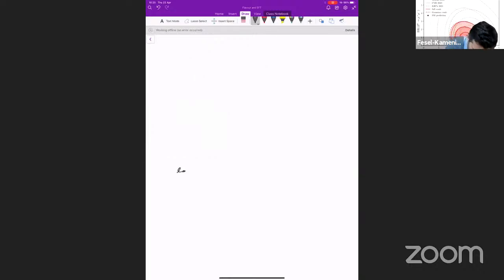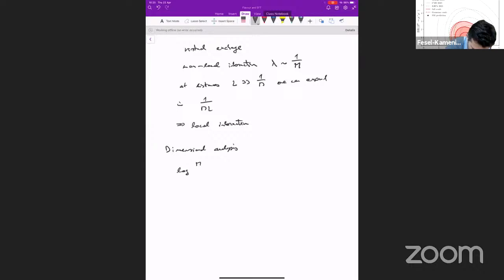One is logarithmic effects: the heavy mass can come in logarithms of m over E, where E is the typical energy of the scattering that one is measuring, or it can come in powers of E over m.